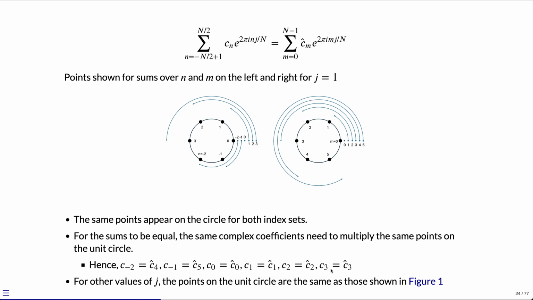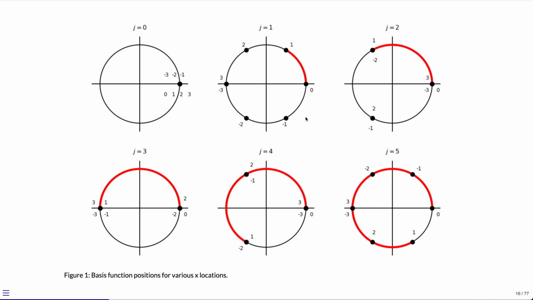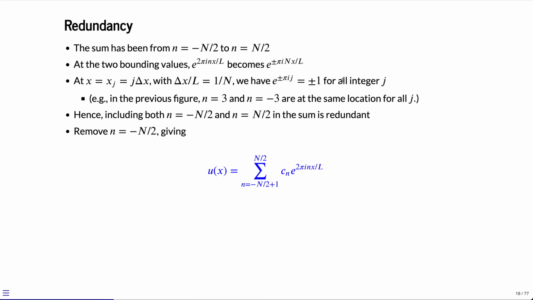So you just have to be careful of that. And again, there are functions in the FFT libraries that will shift the coefficients for you. Okay. The points listed are for j is 1. When j is 2 or 3, etc., you have this figure that we saw in the previous video where you go positive and negative around the circle, but you end up with the same points for different values of j. So it still works out.